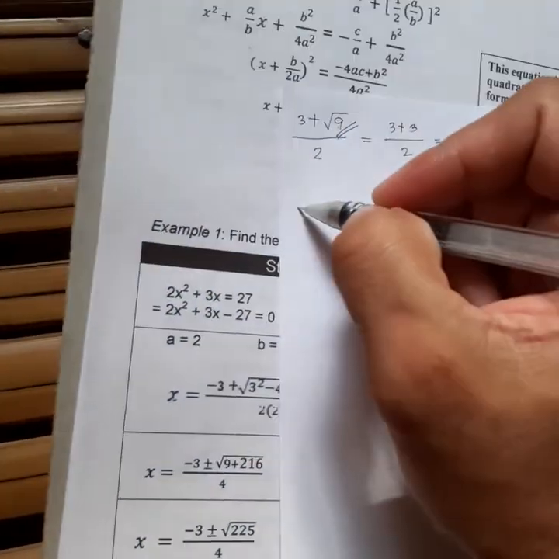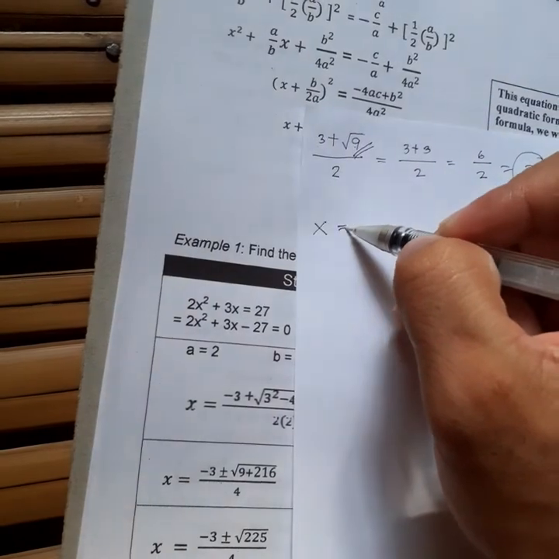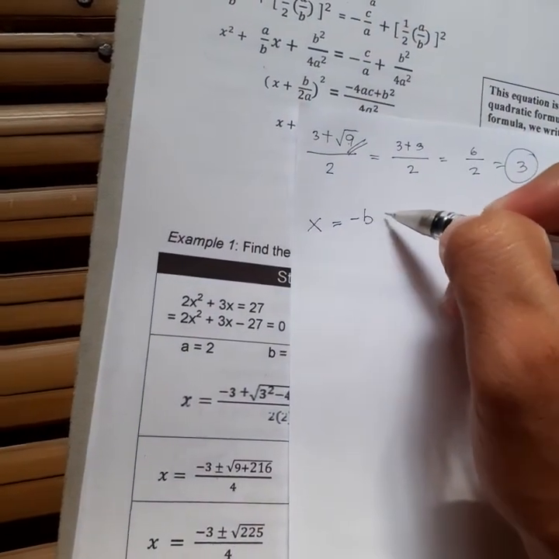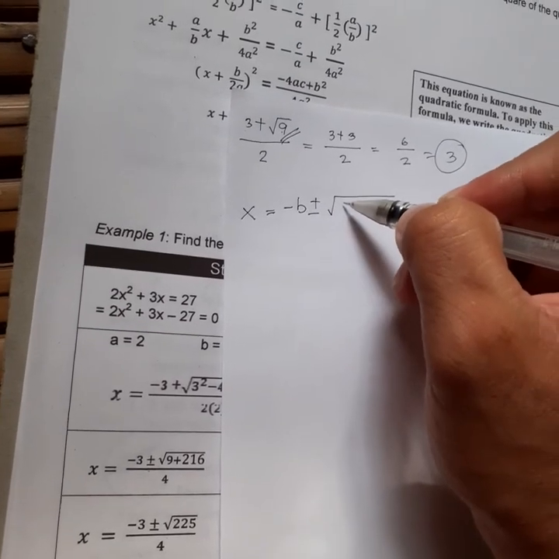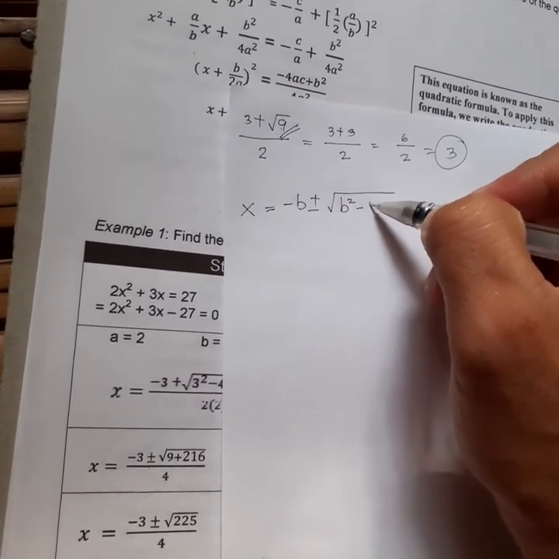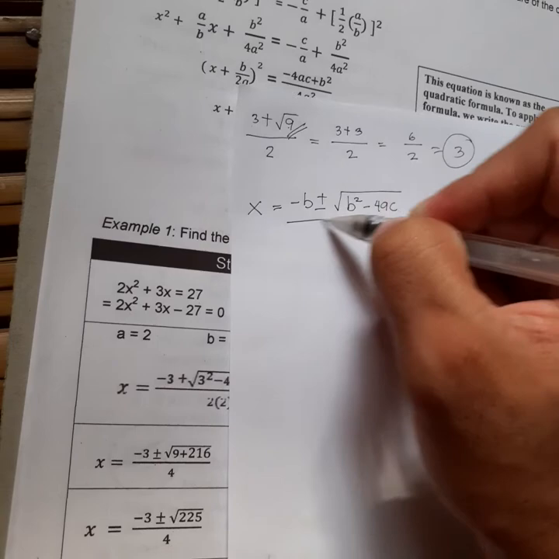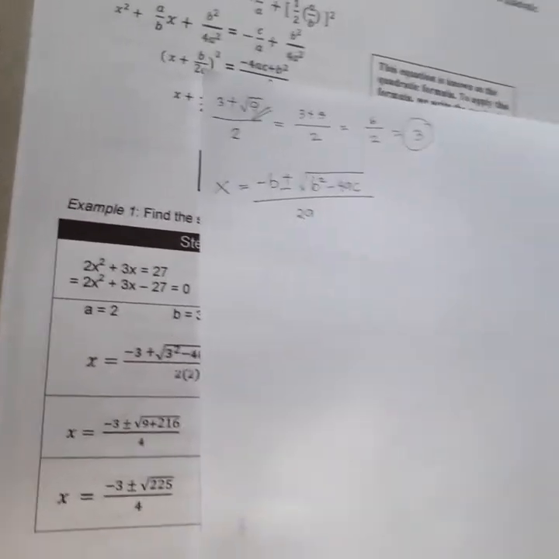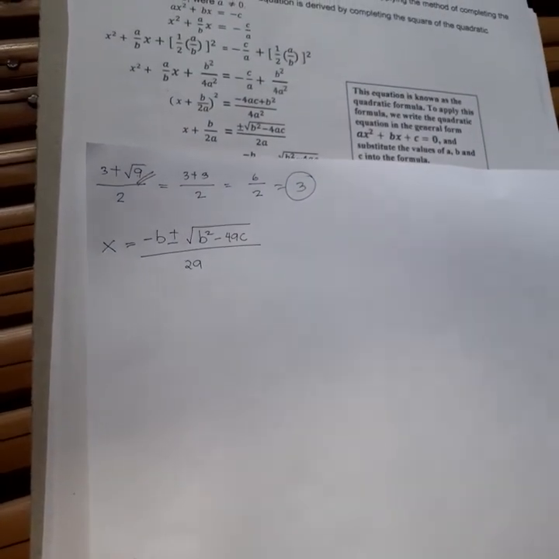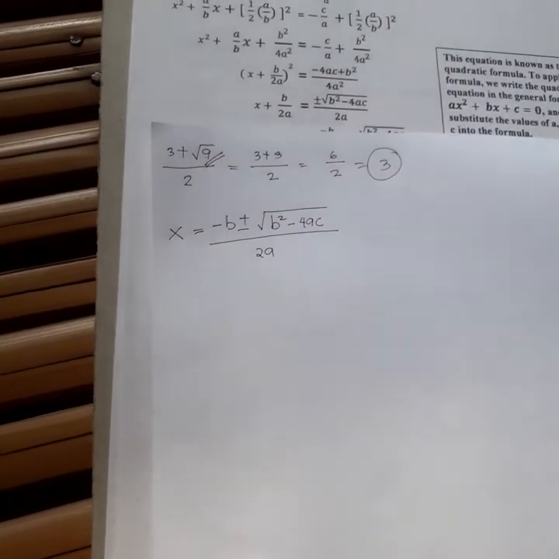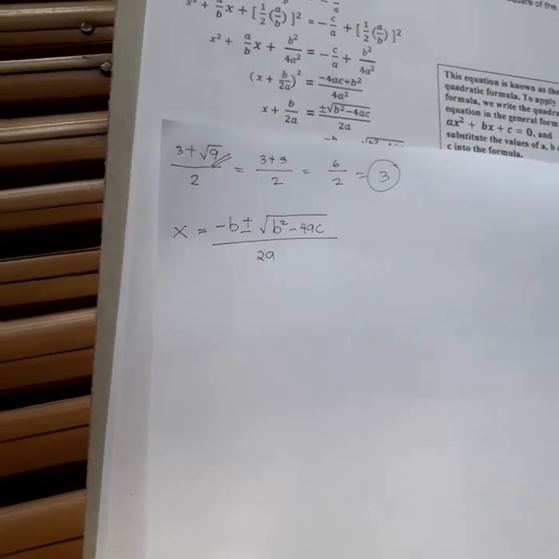We can write it as x equals negative b plus or minus the square root of b squared minus 4ac, all over 2a. But before we go on, let's identify the value of a, the value of b, and the value of c.